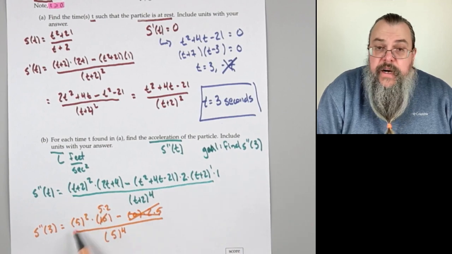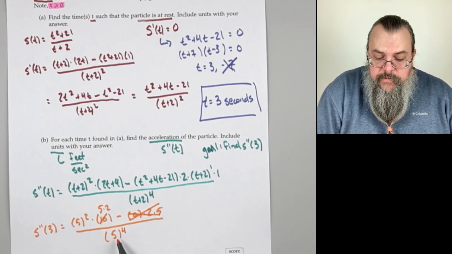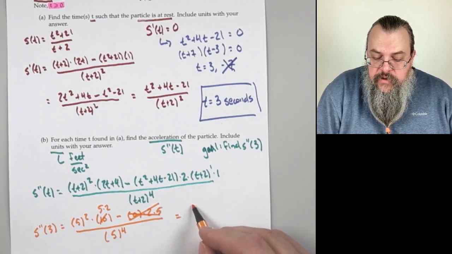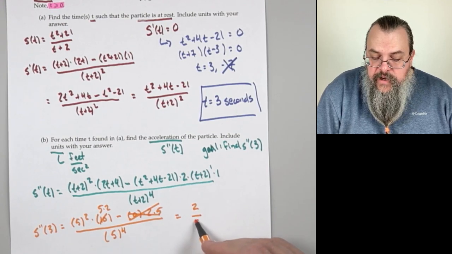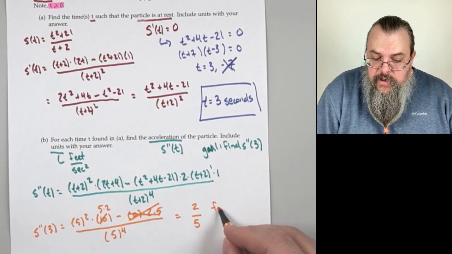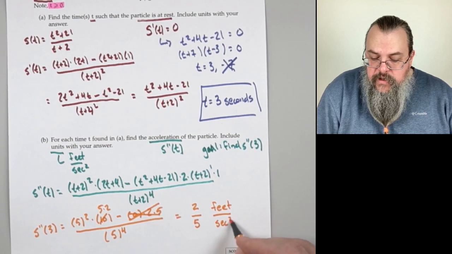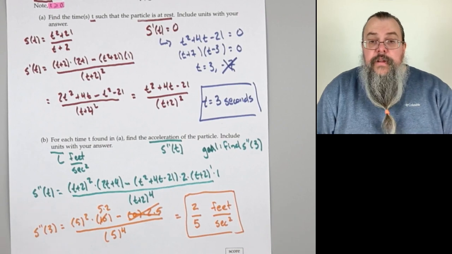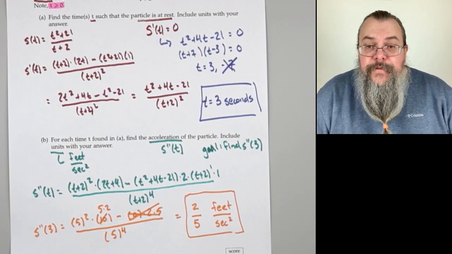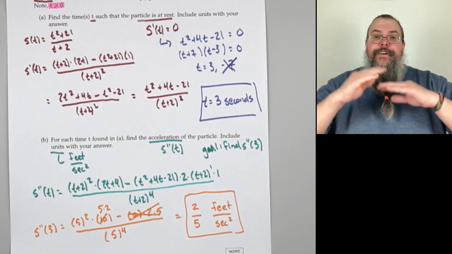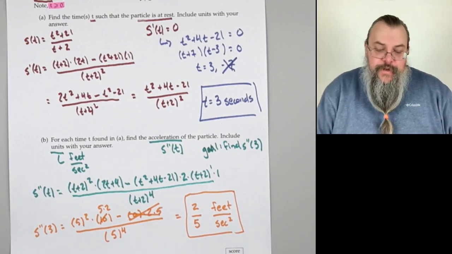So we have 3 5s upstairs, 4 5s downstairs. And so we're left with a single 2 upstairs, a single 5 downstairs, and we toss in our units because, well, it told us to, and we want the credit because that's our goal, get all the points. And that's our answer. 2/5 feet per second squared. And we're done. Done with number 2.